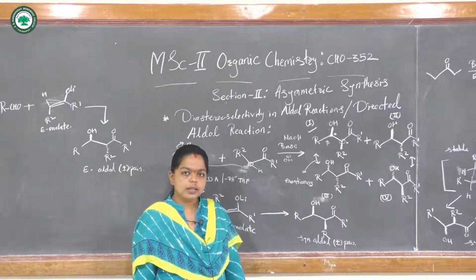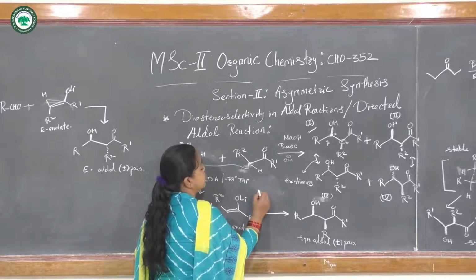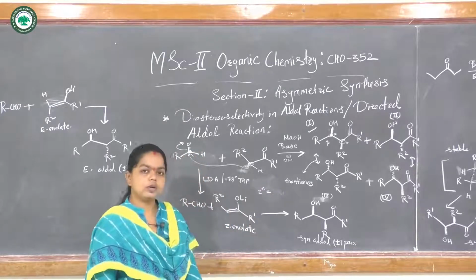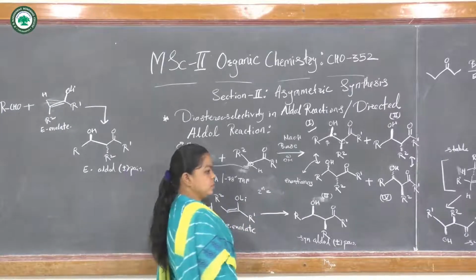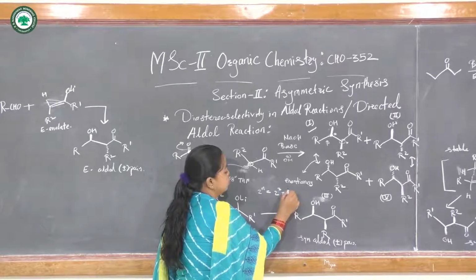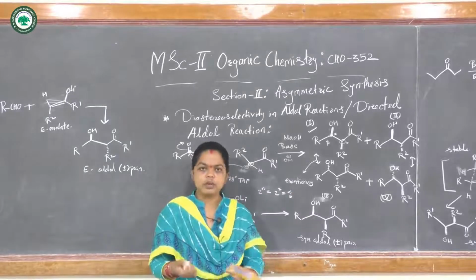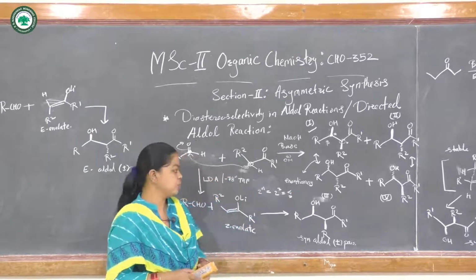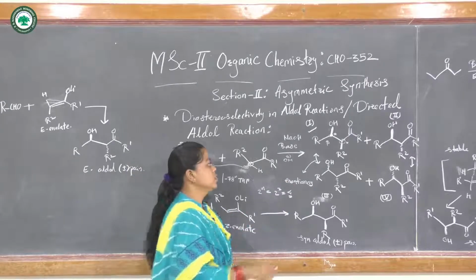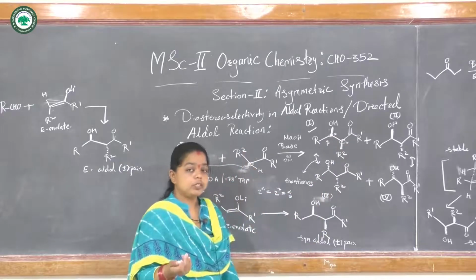If two chiral centers are present, we know the number of stereoisomers produced is 2 raised to n, where n is the number of chiral centers. Here the number of chiral centers is 2, so 2 times 2 becomes 4. So a total of 4 stereoisomers are produced in this reaction. We have to consider these two chiral centers that will generate this product.